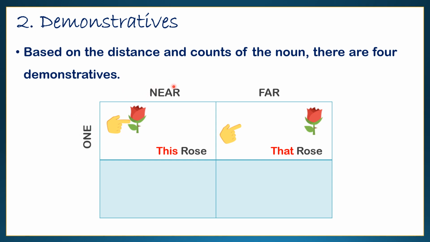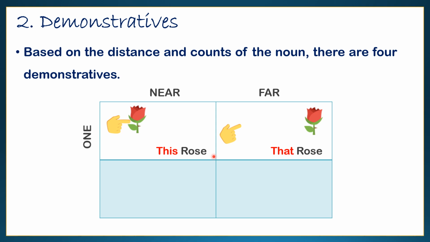If the distance is near, we use the determiner this. But if the distance is far, we use the determiner that. We mean to say, if the particular noun we are referring to, here the object is rose. If the rose is close by our hand, then we use this rose. But if it is far away, then we say that rose.